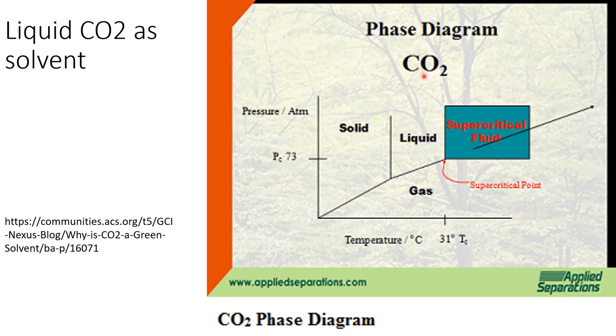Now, if you take pressurized CO2 and you liquefy it, or better yet, go past that supercritical point, the critical point that we talked about earlier, you get into a supercritical fluid, and it's not really high temperature. See, we're talking 31 C right now. The pressure, though, is pretty high. We're talking 73 atmospheres. That's actually pretty drastic. But if you can do it, and you can do your experiments in liquid CO2, well, that's a lot less of an impactful solvent to use than some of our other organics.